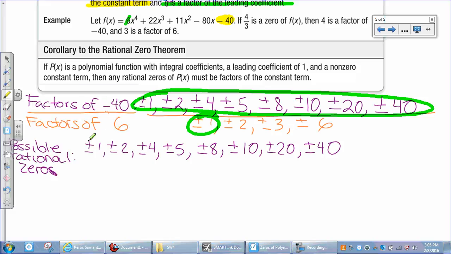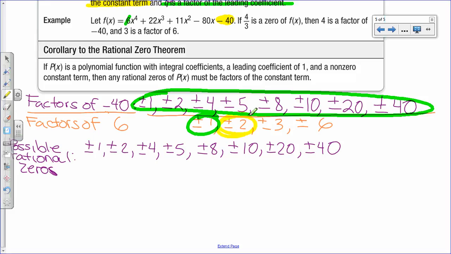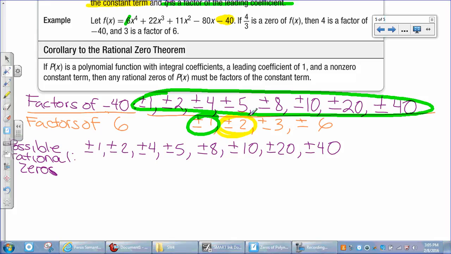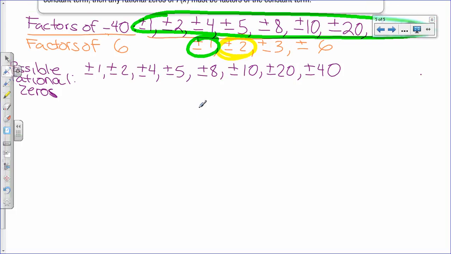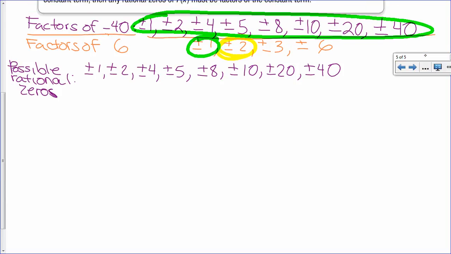And now what we're going to do is take all those numbers in the numerator and divide them by 2. Pay attention to the board and then I'll give you about 10 seconds to copy it. So 1 divided by 2 is 1/2. 2 divided by 2 is 1.